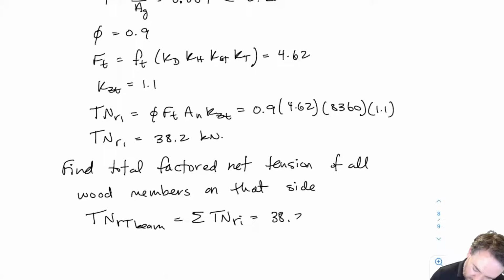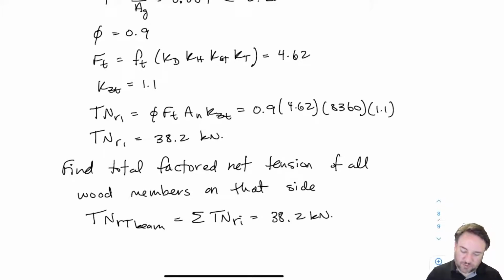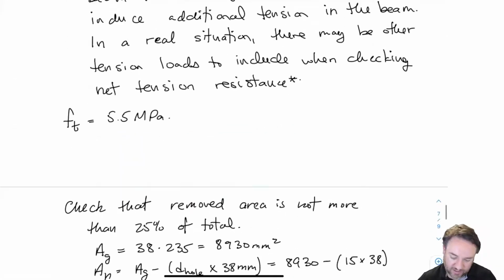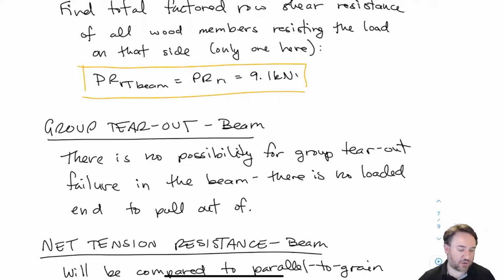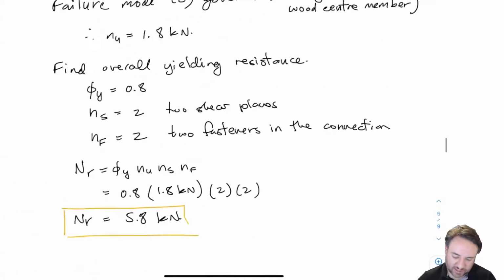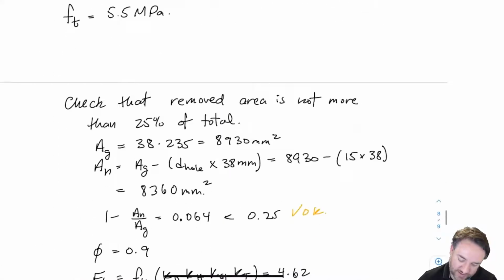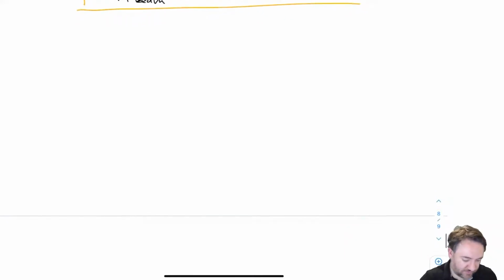Usually this is a sum for multiple members, however many there are, and in this case there's only one, so it's just the strength of that member by itself. So you can see the net tension strength is much higher than even the row shear strength, which was 9.1, which in turn was much higher in this case than the yielding resistance of 5.8. So far, it seems that the yielding resistance is governing.